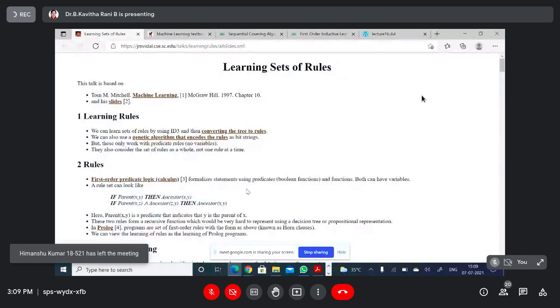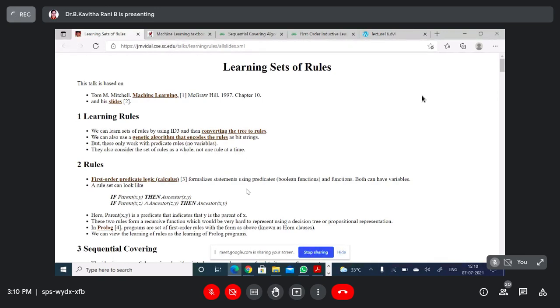So, in the previous class, we have seen about learning set of rules. Here, learning set of rules is nothing but we can learn set of rules by using different techniques like ID3, C4.5. We have used these in the case of decision tree.